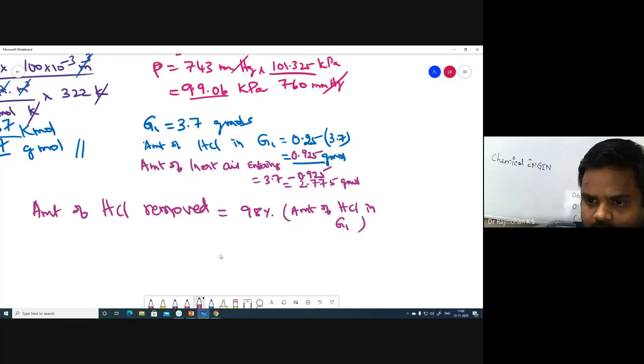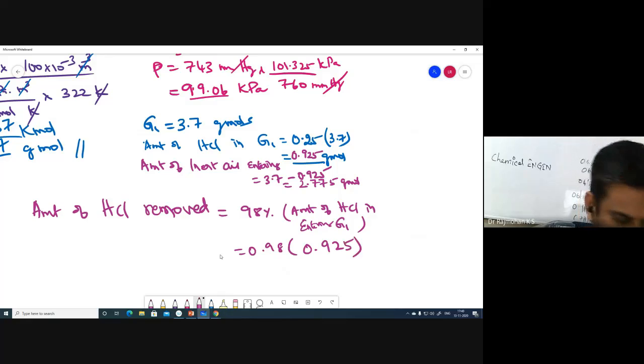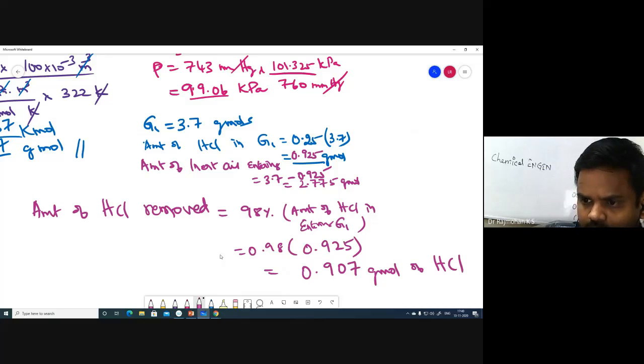So we can say that 0.98 out of 0.925 is removed, which is equal to 0.907 gram moles of HCl. So amount of HCl removed is 0.907 gram moles.